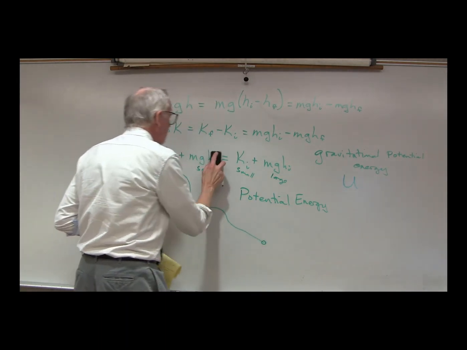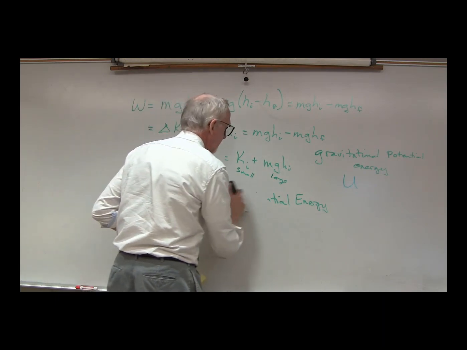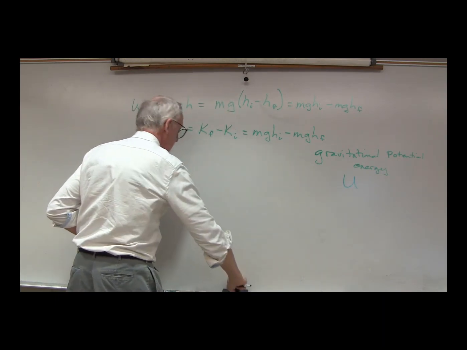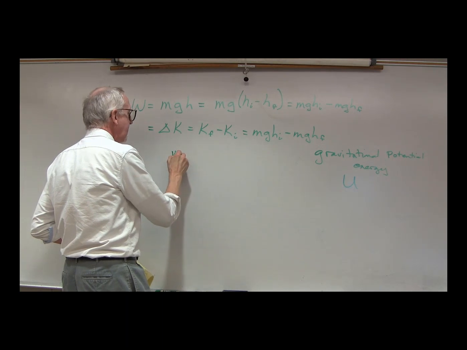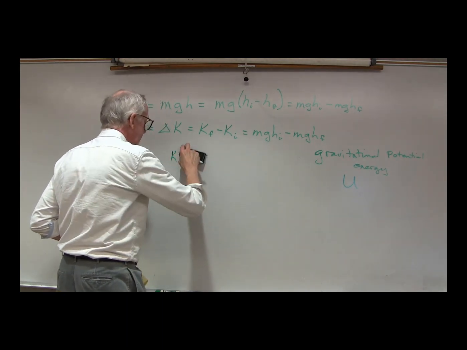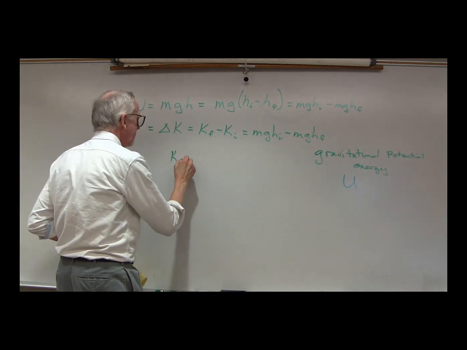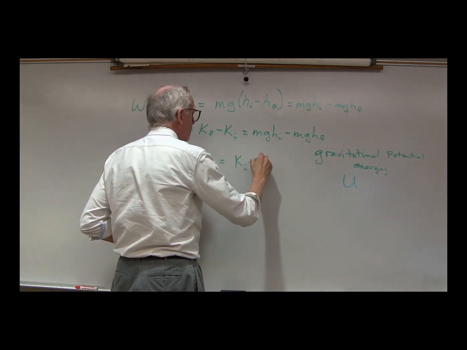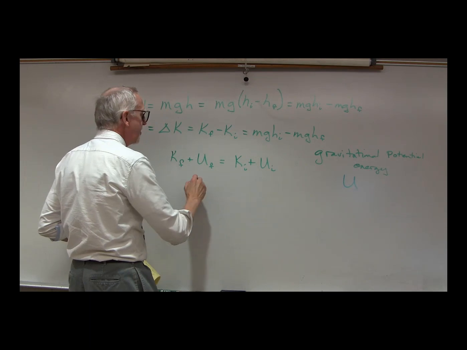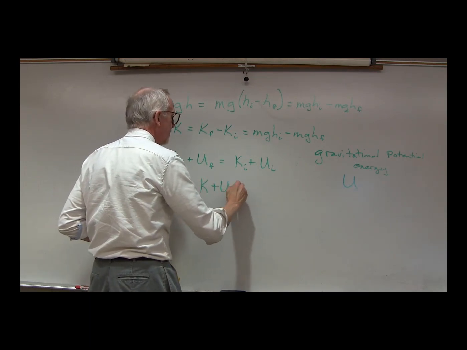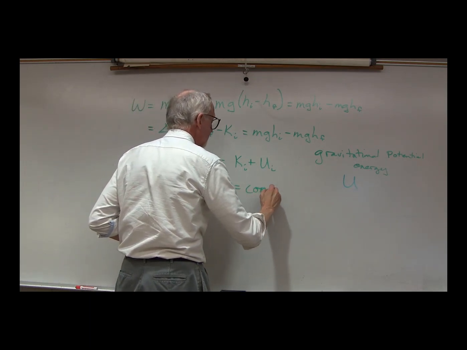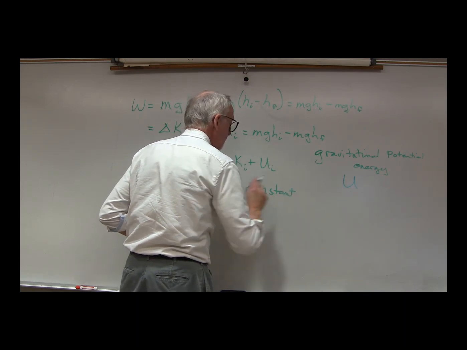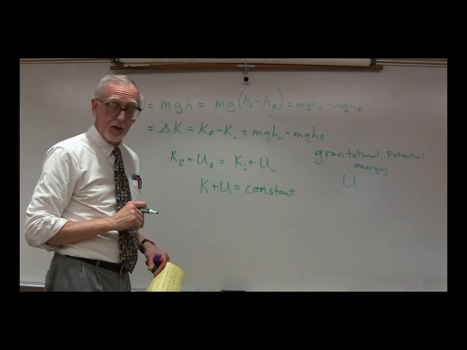What do we find? We find that the kinetic, whoops, I won't put KE, I'll just say K. The K final plus U final is equal to K initial plus U initial. In other words, the K plus U is constant. Its value doesn't change.